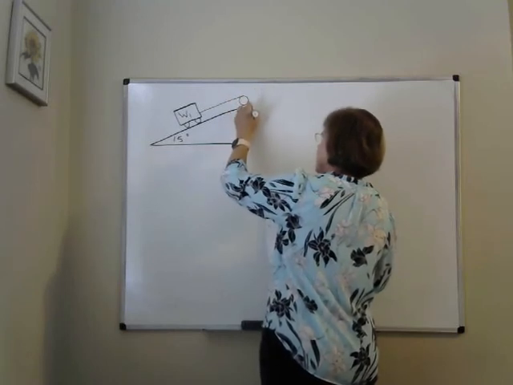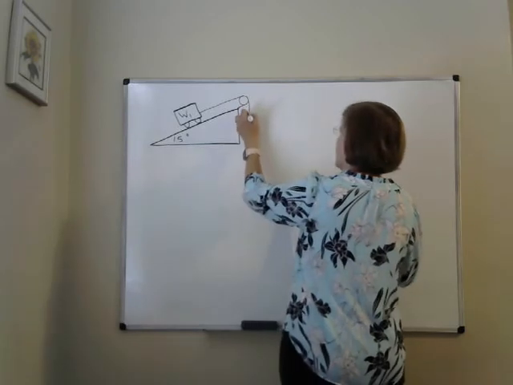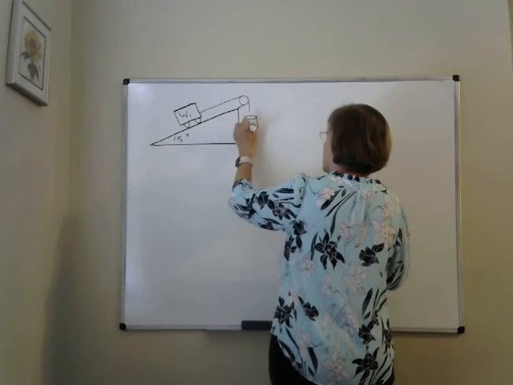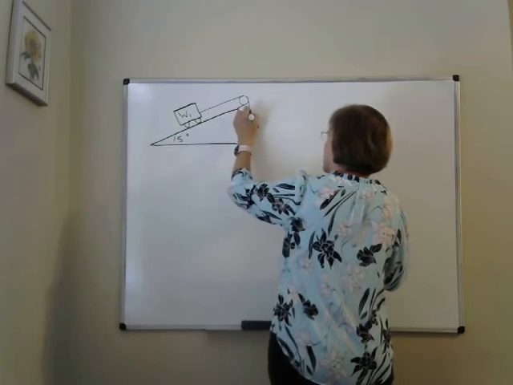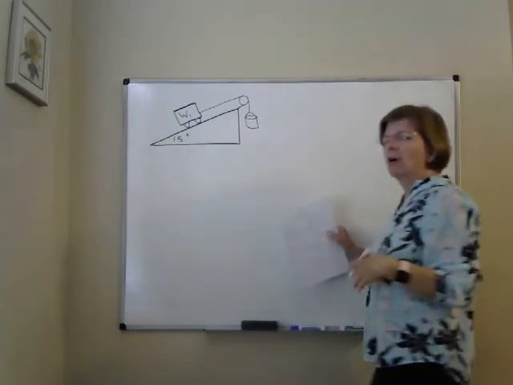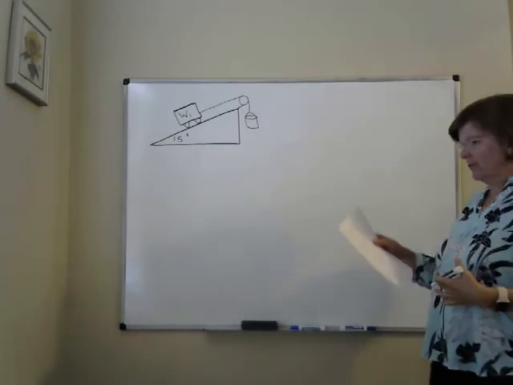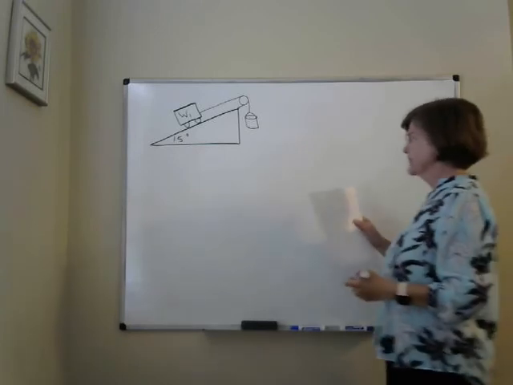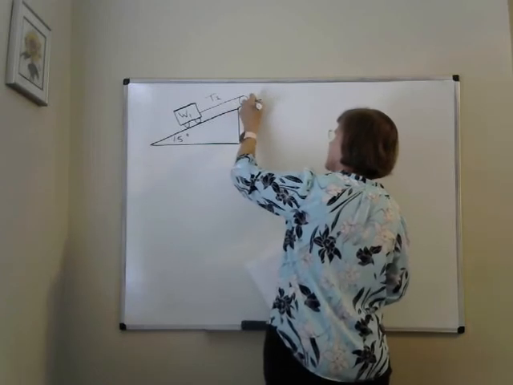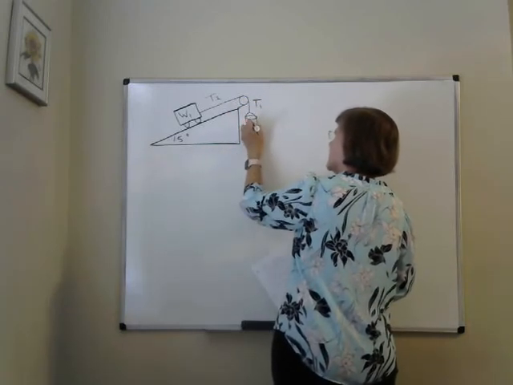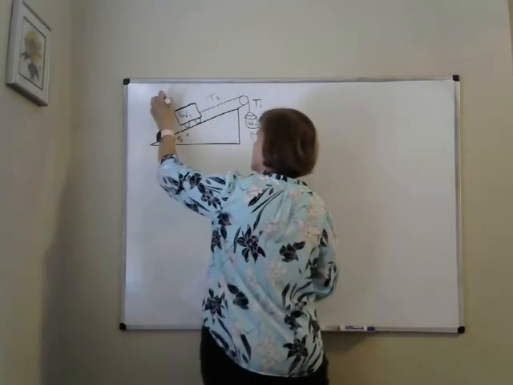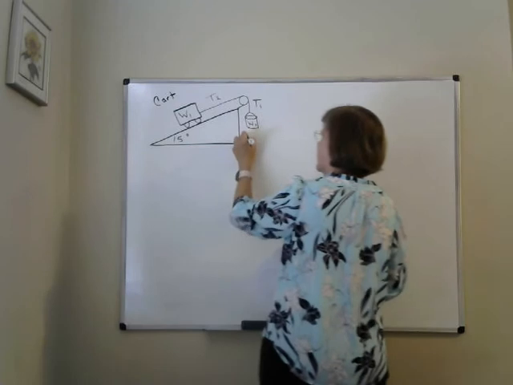And over the pulley, we have a bucket. I think this involved coal or something, but I don't have the backstory anymore. But we have a bucket. We're going to call this T2 and this T1. And the bucket has a weight of W2. So we have a cart and we have a bucket.